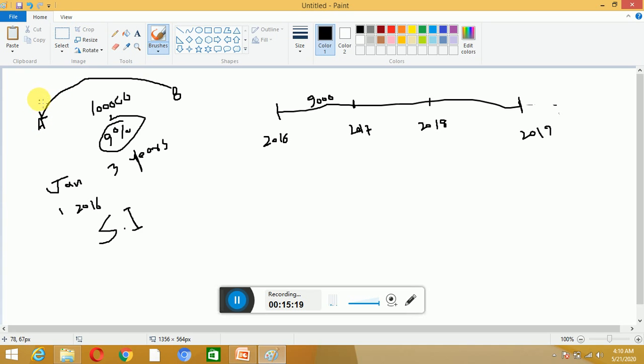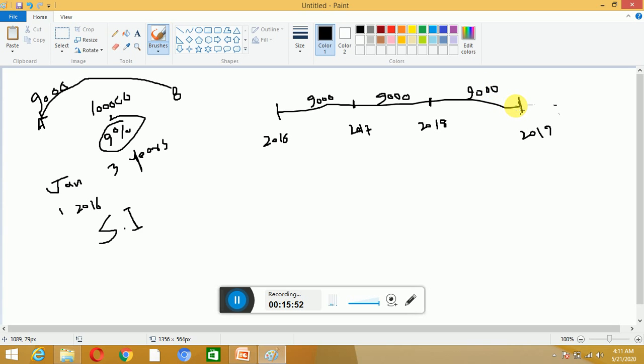After the second year, again there is 9% interest, so it becomes another $9,000. At the end of the third year, again there is an interest of 9%, so it becomes $9,000.